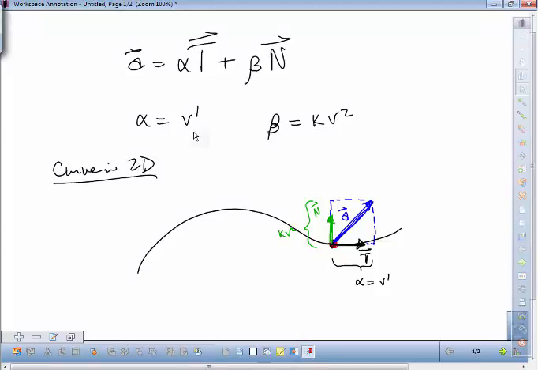Because here we have to find the speed, and then we need to take the derivative of that. So the question is, is there an easier way to deal with that? Well, what if I just tell you what they have in the book?